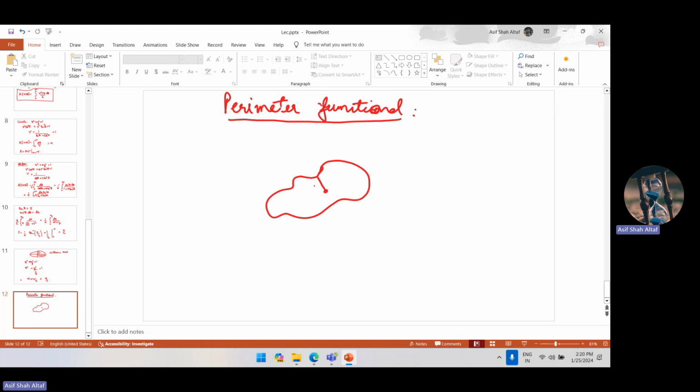Let's define this point as O, this as A, and let's call this B, and let this be R. Let's draw a perpendicular from here, such that this is 90 degrees. Fine. And basically, if I zoom into this part, let's assume that this forms a triangle.